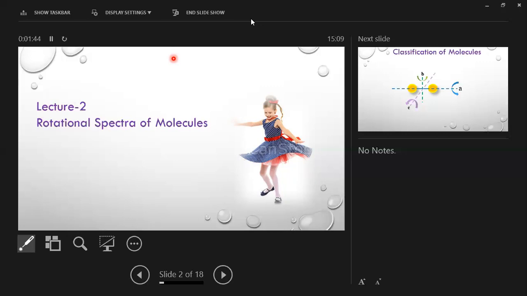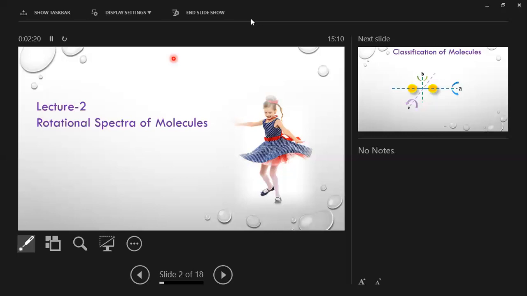As you know, last time I talked about how molecules may have three kinds of energy. For simplicity, if we talk about only a diatomic molecule, suppose hydrogen H2 or nitrogen N2, there are two atoms, two hydrogen atoms, and they are connected by a covalent bond. Now these atoms may have rotational energy; the molecule can rotate about a certain axis.